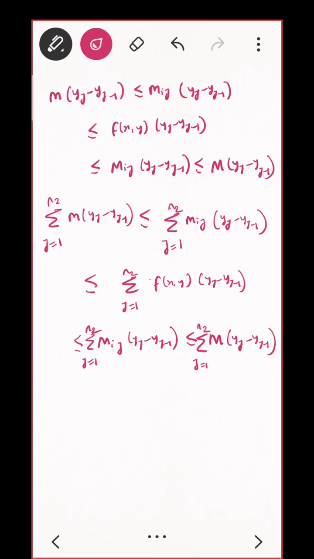What next? Let us use our thing. What are we given with? We are given that integration c to d f of xy dy exists. What do you mean by that? This integration exists, what do you mean by that?